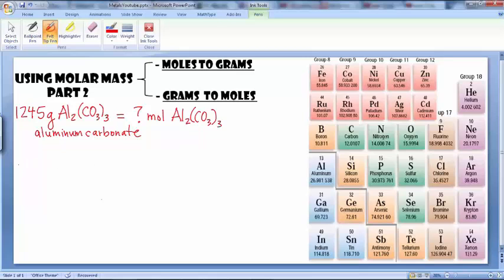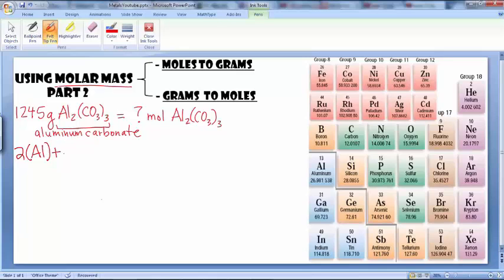So the first thing we want to do is what? We need the molar mass. Molar mass again. We need the molar mass of what? The molar mass of this guy right here. So let's start out by saying we have 2 aluminum atoms plus, here we go again, inside parentheses we have 1 carbon atom.